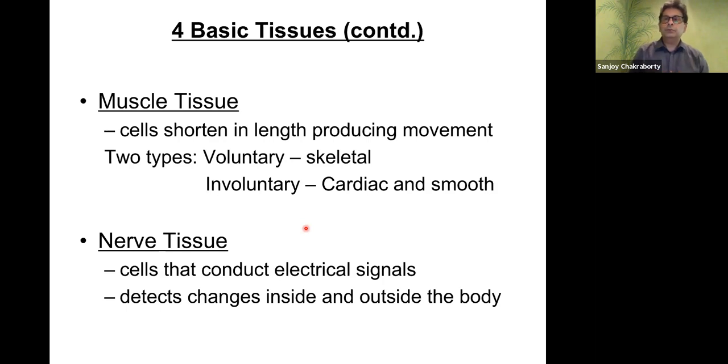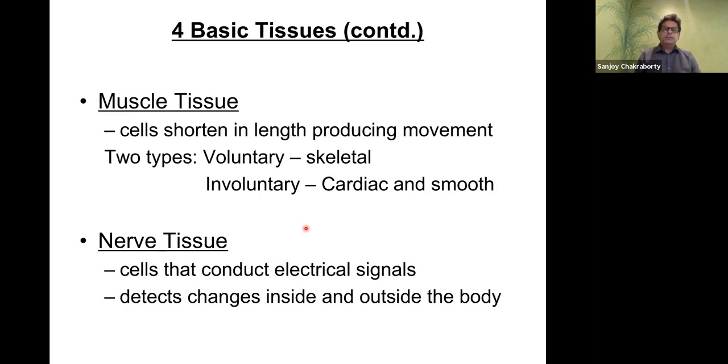The same is true for smooth muscle. Let's say the stomach, which is made of smooth muscle, I can't just start making stomach or gastric movement. But my body can, when it is doing digestion. So cardiac and smooth muscle are involuntary muscle, and skeletal is a voluntary muscle.